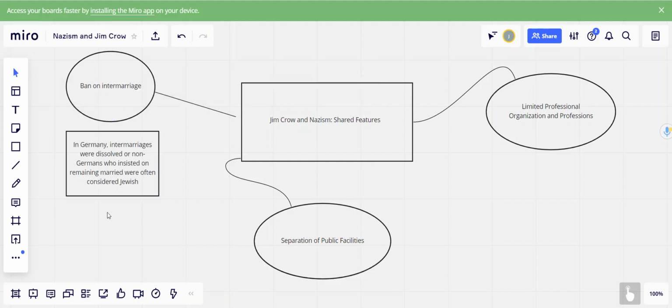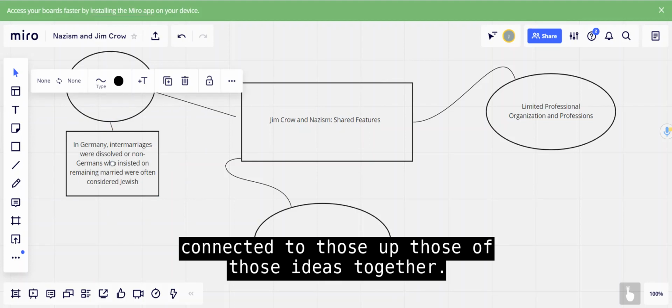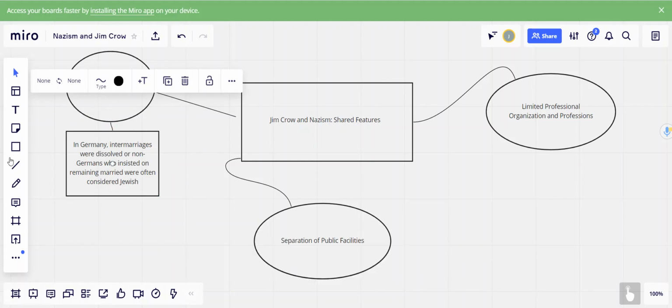And you can just connect those two ideas together.